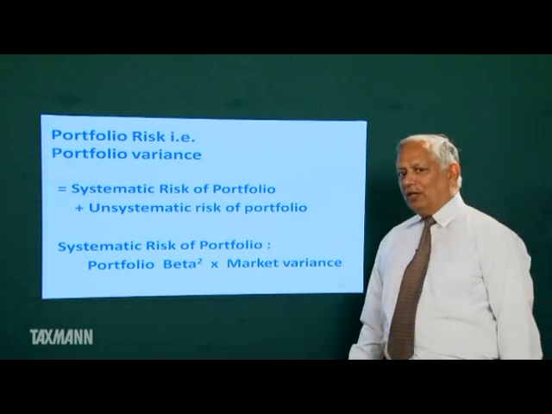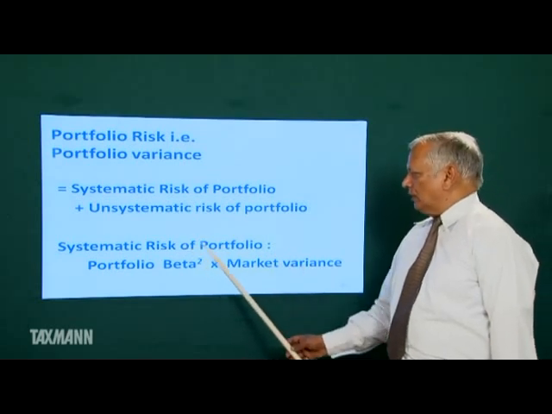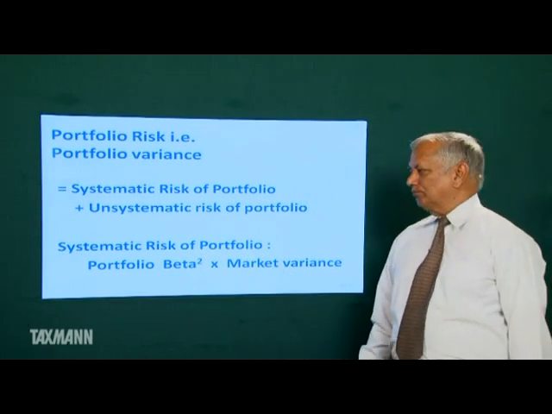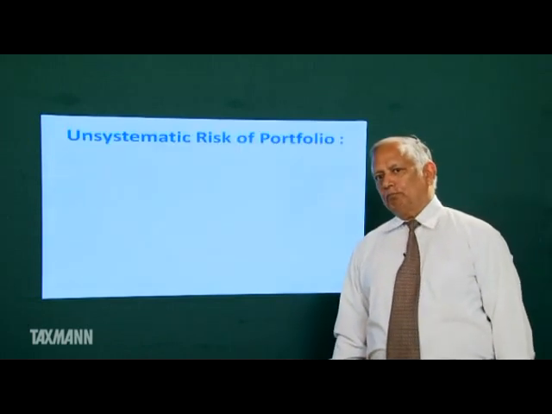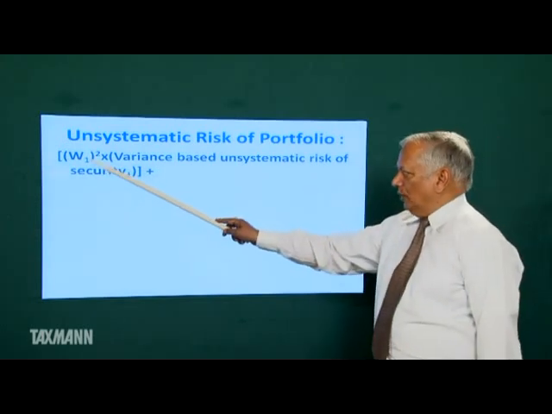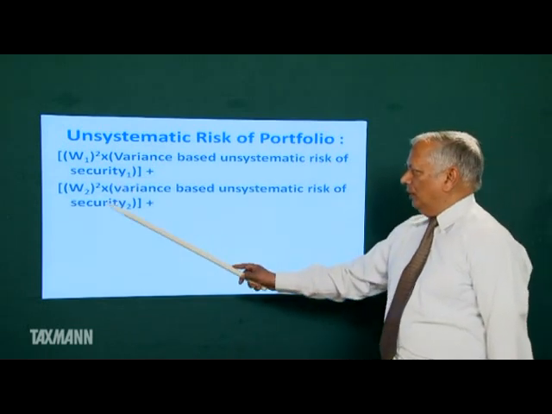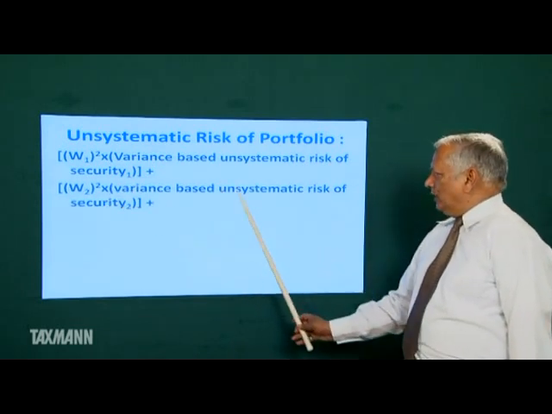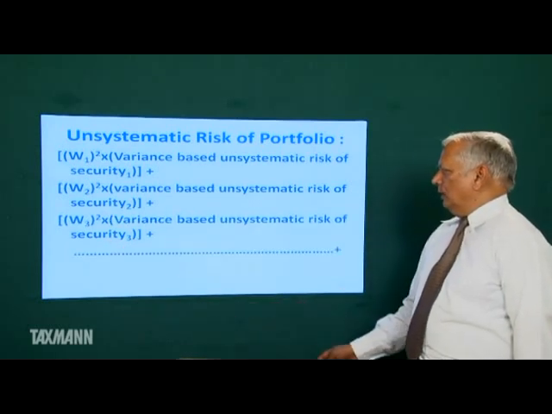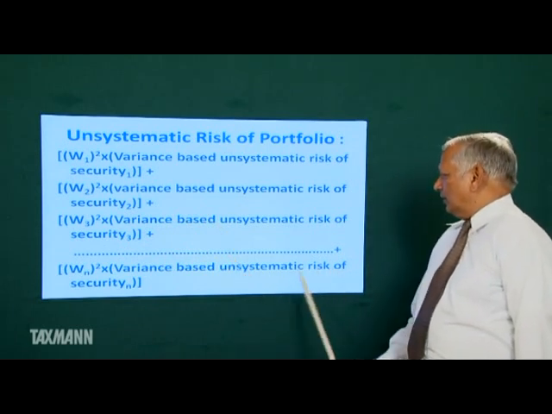In case of security, it was security beta square into market variance. So for portfolio, portfolio beta square into market variance. Unsystematic risk of the portfolio is equal to W1 square into variance based unsystematic risk of security 1, W2 square into variance based unsystematic risk of security 2. Similarly, Wn square into variance based unsystematic risk of security n.